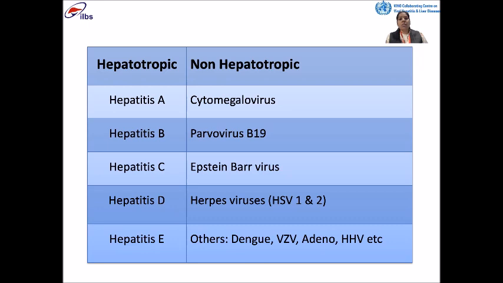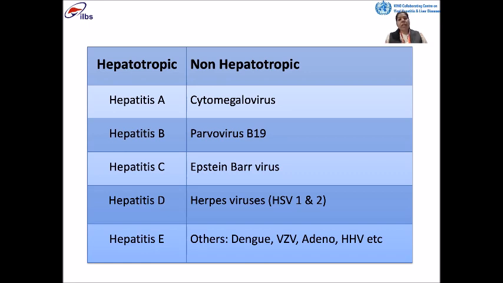Hepatitis D is also called the delta agent, which is a defective virus that requires hepatitis B virus in order to cause and spread co-infection or superinfection.